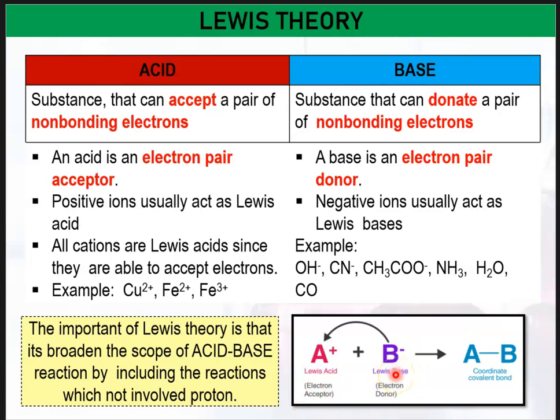Base is an electron pair donor. So when it accepts electrons from a base, it can form a bond. Later we will look at examples of acid and base based on the Lewis theory.